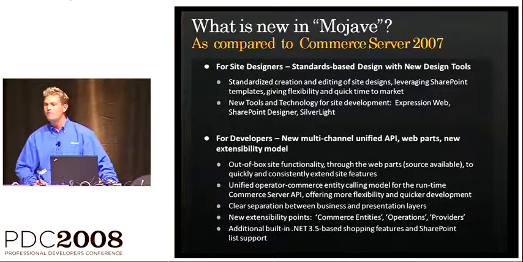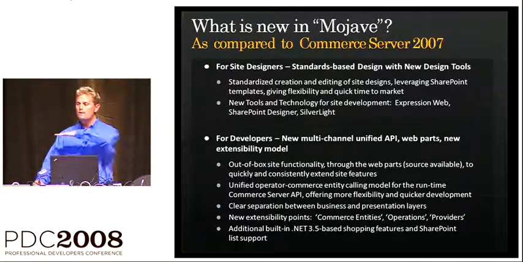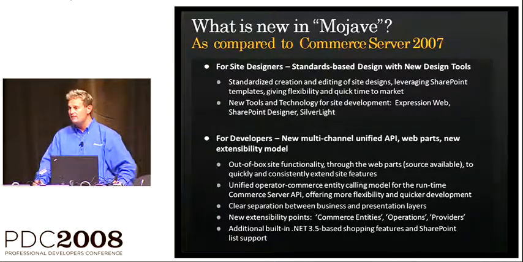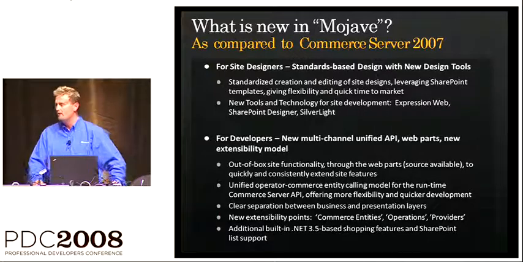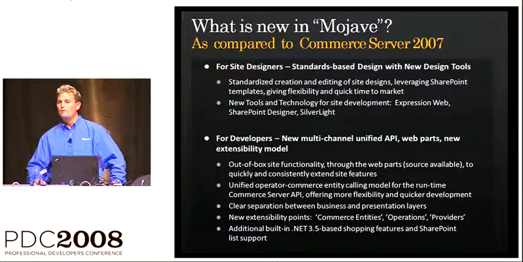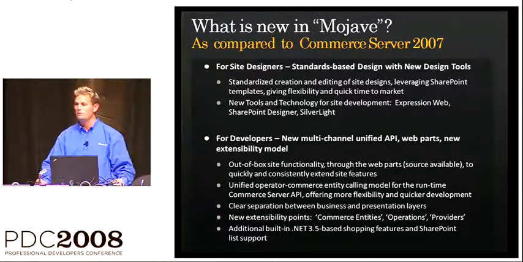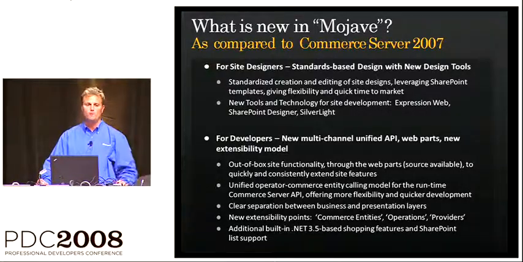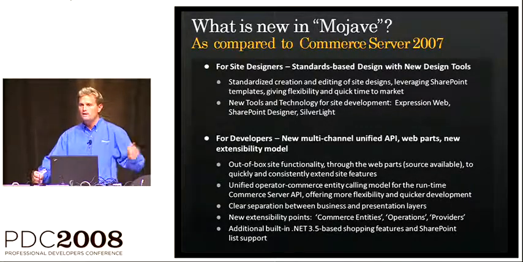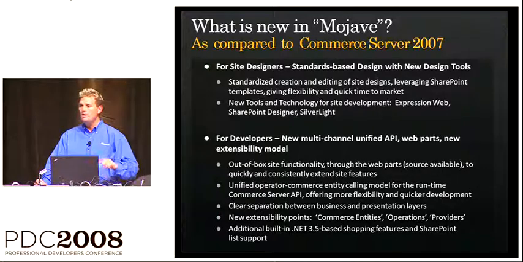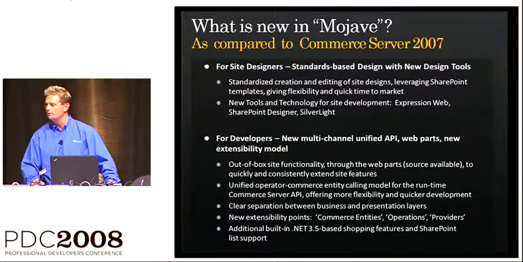Gary's going to show you we made a really nice uniform API on top of the existing Commerce Server 2007 API. At the same time, we're not taking a dependency on one UI. I mentioned the web parts. We're not going to force you to just write web parts. You can write your own UI, Silverlight UI, or a web UI, or a classic ASP UI, all on top of the same foundation. Now we have this clear separation between the two.